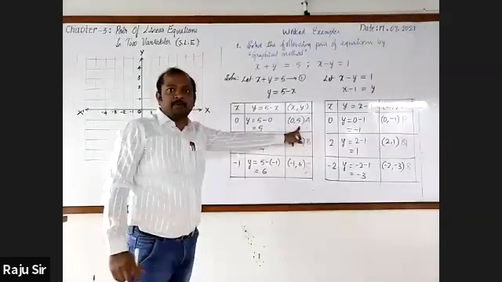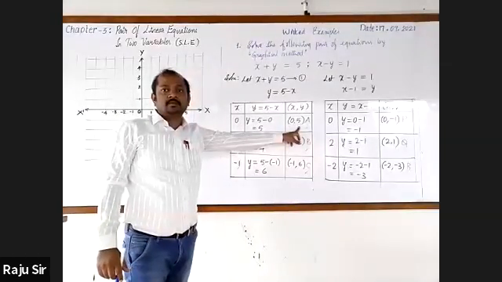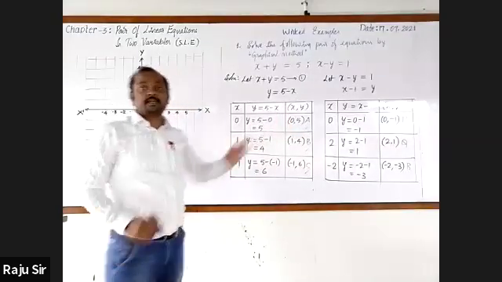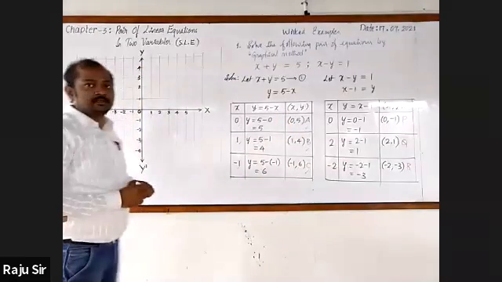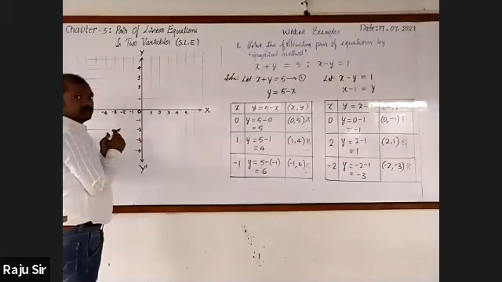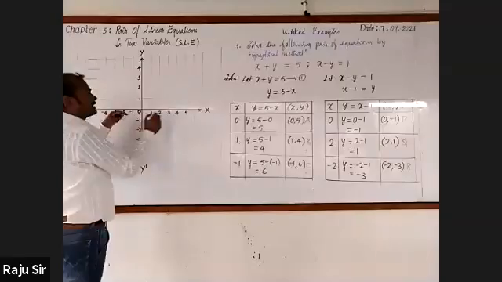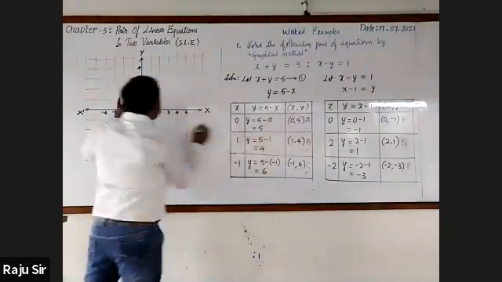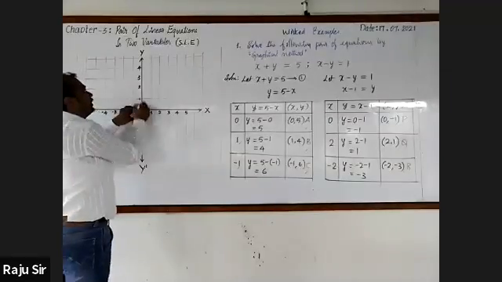0, 5. Where does it lie? On the x-axis or y-axis? It is on the y-axis. Look at it. X is 0, Y is 5.